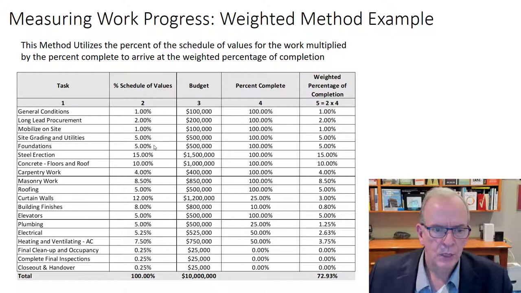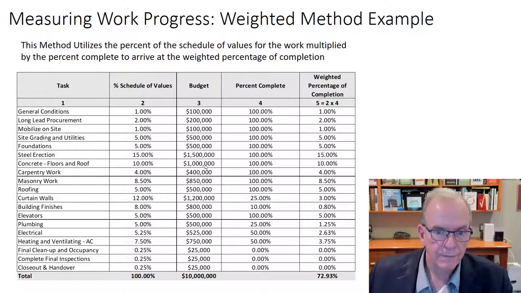And so if you have 10% in concrete floors and roof, then that means that 10% of this price, which would be $1 million, is in the budget for that. Now, if you're saying that you're 50% complete, then that would mean that you should get $500,000 of that $1 million.